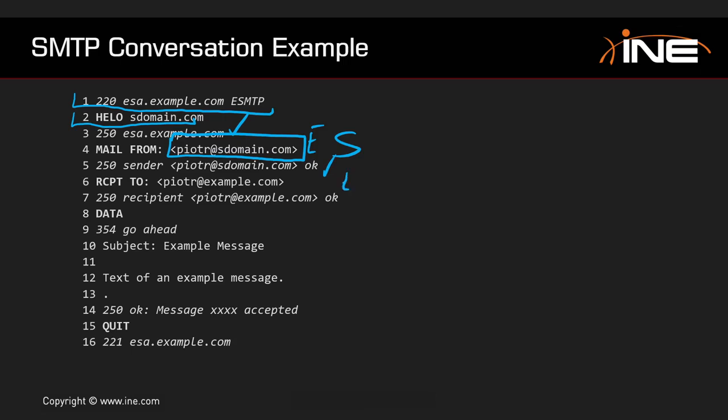This is going to make the envelope recipient, so our message destination, and this information is going to be used for forwarding of the message. The command was also successfully processed. And next we signal to the server that the message is going to follow. We are using the data command.